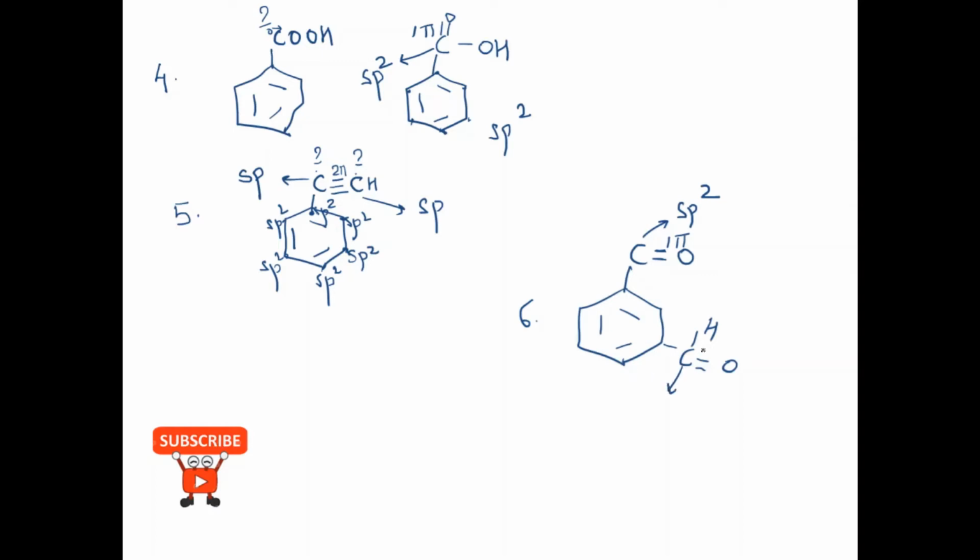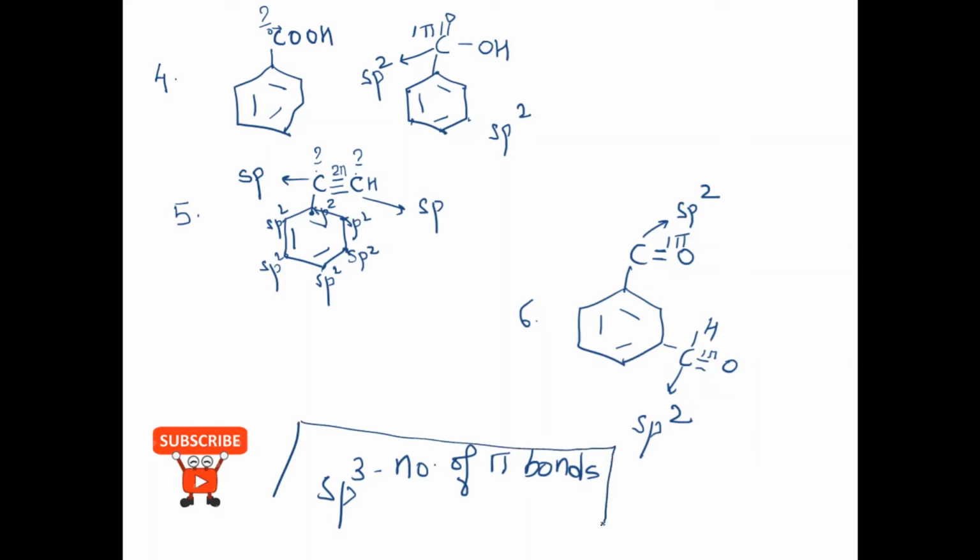Similarly, there's the presence of 1 pi bond, sp3 minus 1, sp2 hybridized. Simple trick. Please remember, the only trick you need to remember for the organic compounds is sp3 minus number of pi bonds, and with no failure you will be able to crack all the questions.